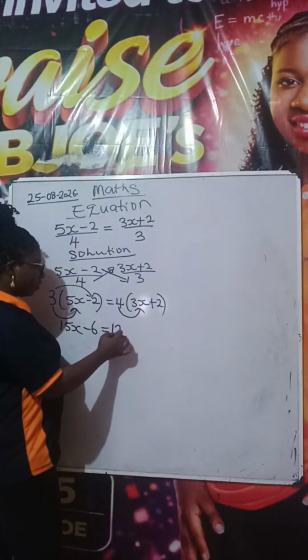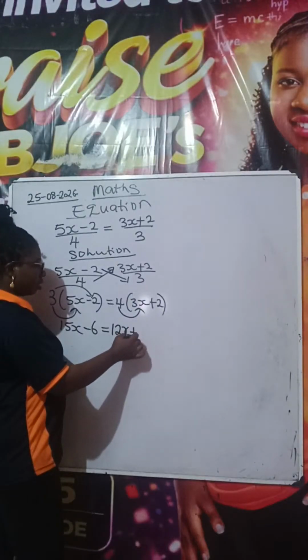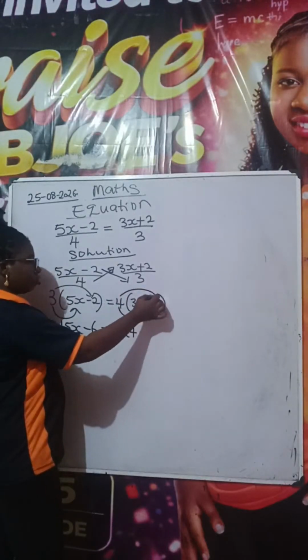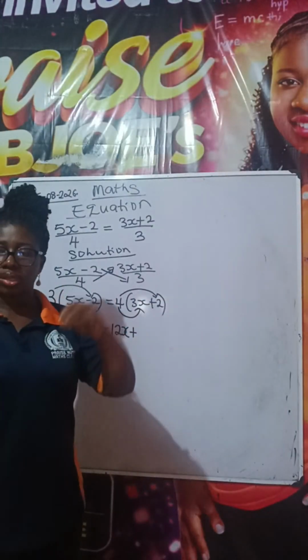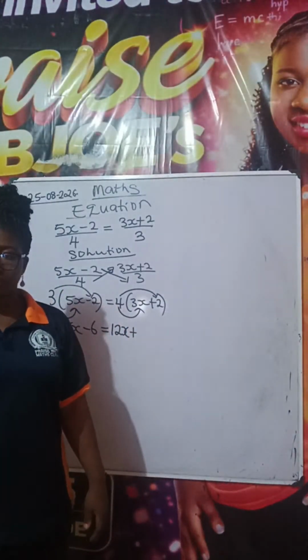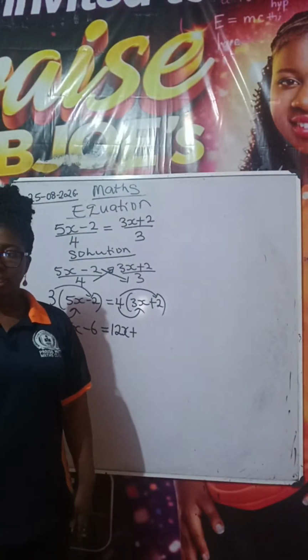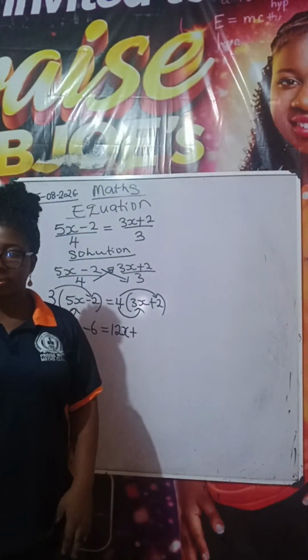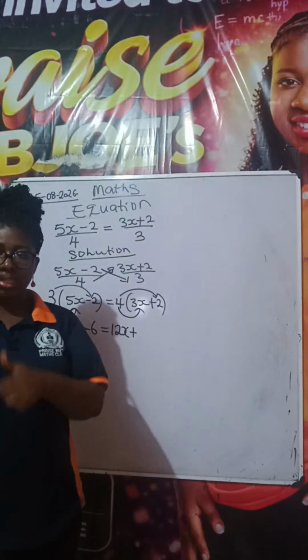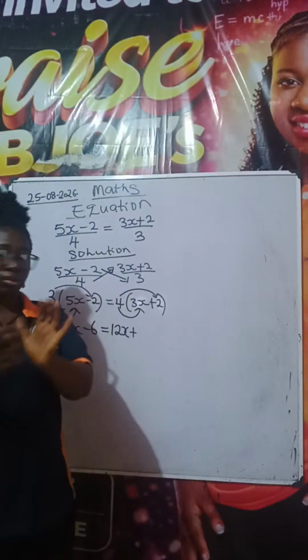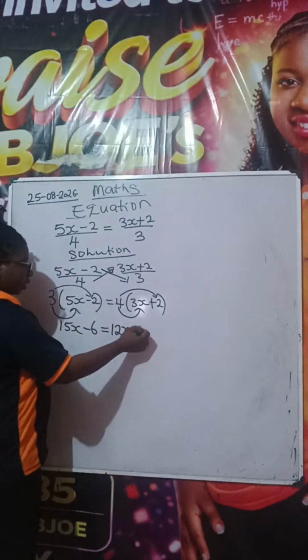So we have 12x, then plus 4 times 2. 4 times 2, what do we have? We are getting 8. Good job. So we have plus 8.